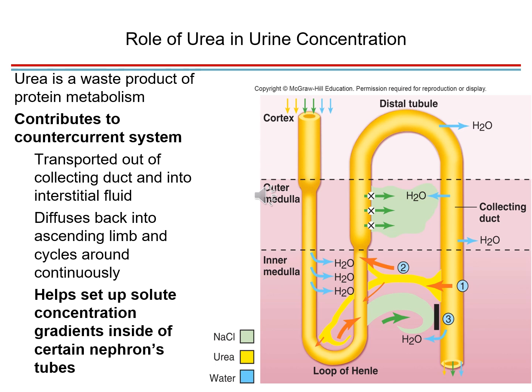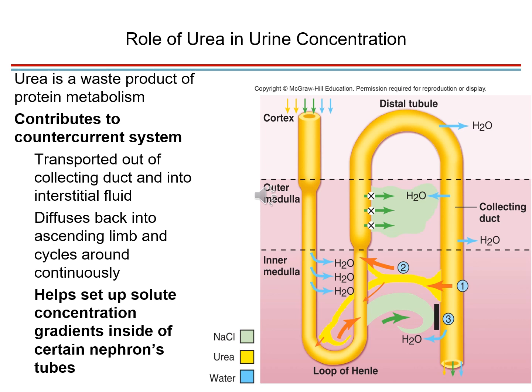ascending loop of Henle, because the urea that is ready to be eliminated in the collecting tube can eventually move from the collecting tube into the ascending loop if the action of the sodium potassium pumps is above the need of that ascending loop.